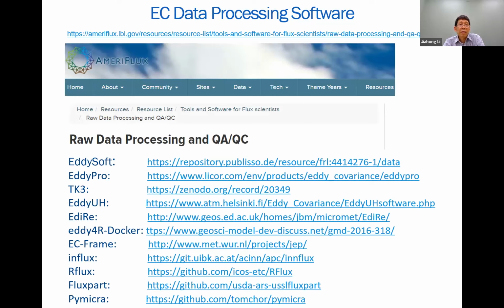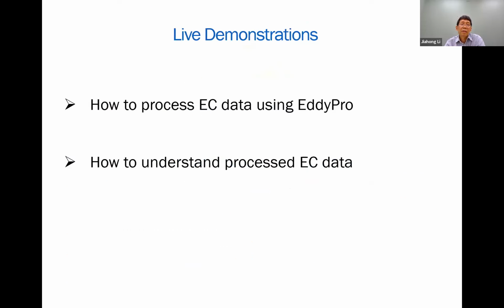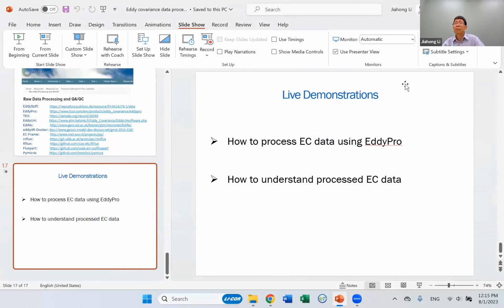They are listed on the AmeriFlux website, as you see here. And next, we're using EddyPro to demonstrate how to process EC data and also how to understand the EC data. Okay, let me stop here and we go to EddyPro.